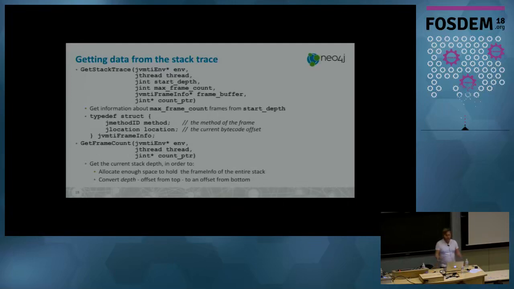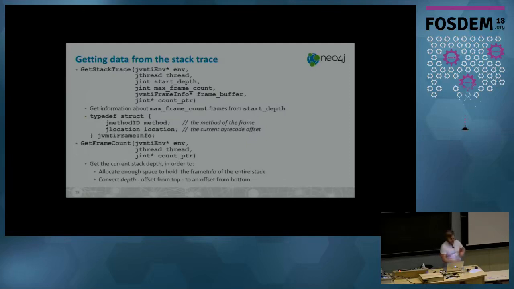And we'll get the frame information from all those frames and a counter telling us exactly how deep the stack was. Or we can say I want a particular depth. I want just one stack frame because that's the frame I'm interested in.